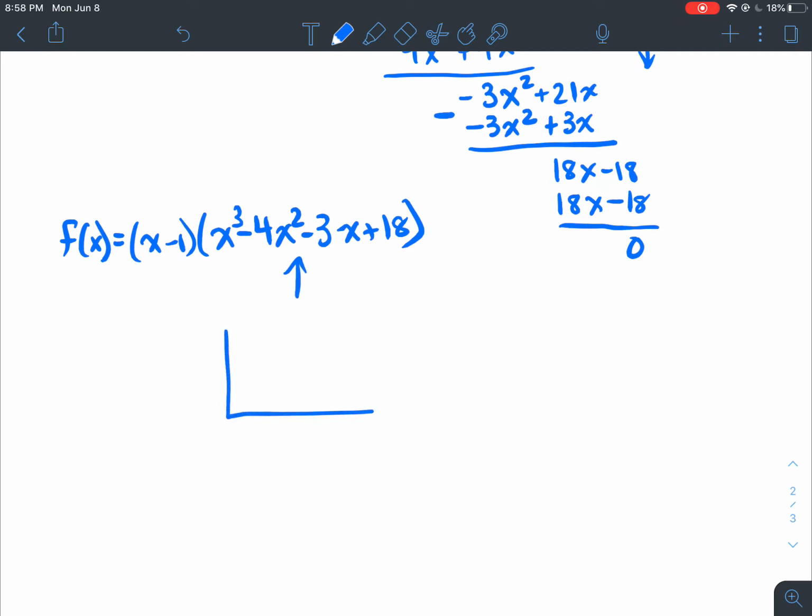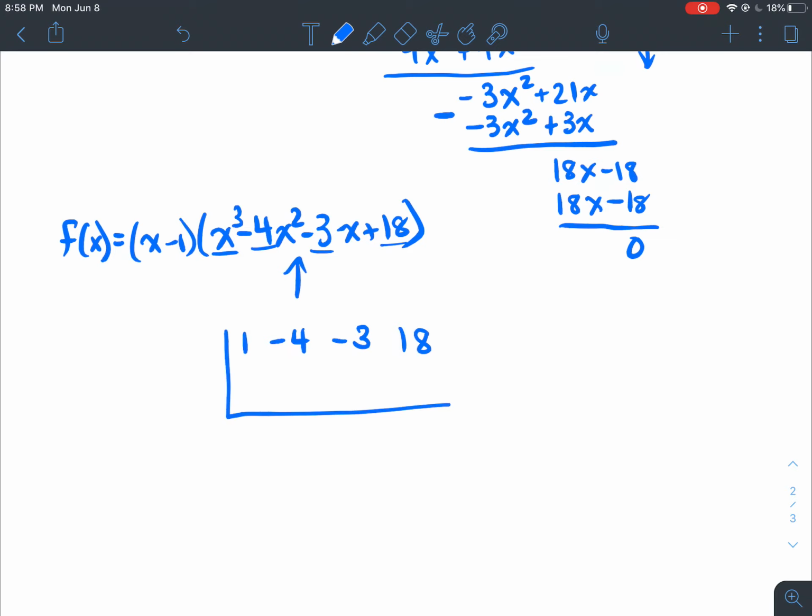So we're going to factor this guy. So remember synthetic, you put that, and then you write the coefficients. So the 1, the -4, -3, 18. And then you write your factor out here. So we got to find a factor by looking at 18. So let's say we tried 3, because I tried these ahead of time, so I already know. If I sub in a 3, 3 cubed minus 4 times 3 squared, etc., that's going to equal 0.